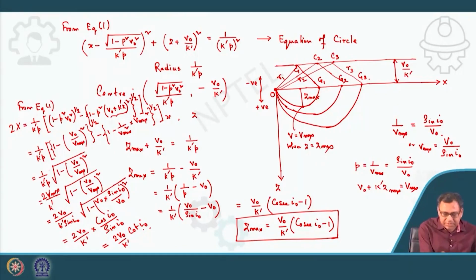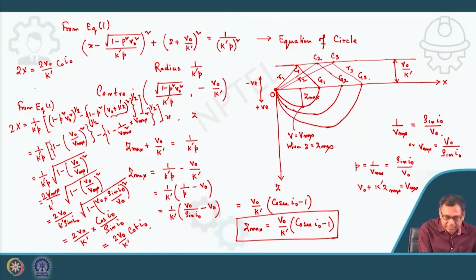So my final expression will be 2x. That means from here to here, the distance between source and geophone. X is the half distance between source and geophone. So the 2x will be the total distance between source and geophone. That will be equal to 2V0 by K dash into cot I0.